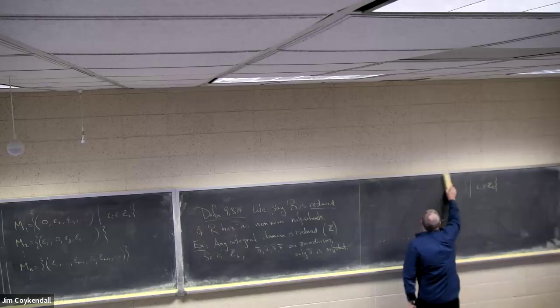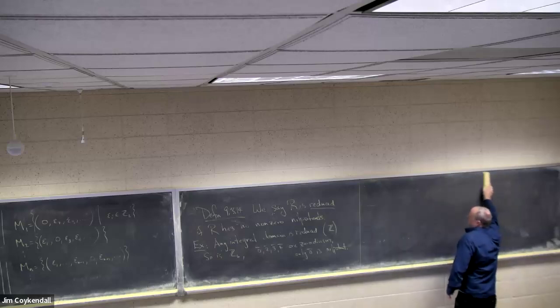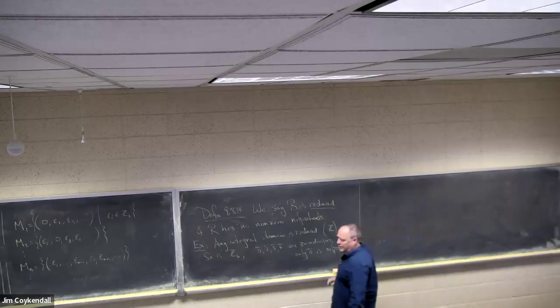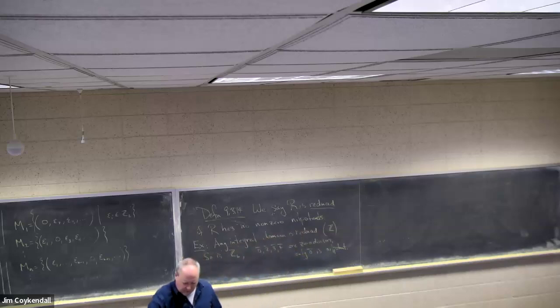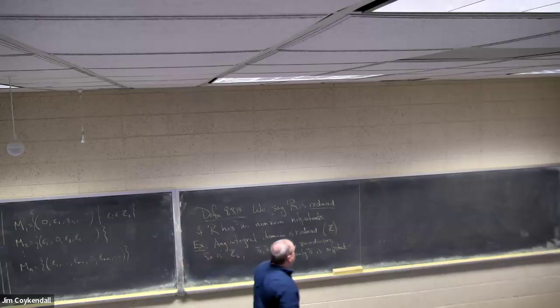So you can have a ring with zero divisors that is in fact reduced. And there's a natural way to pass from any ring to a reduced one. Let me give you the following theorem, which is very useful.